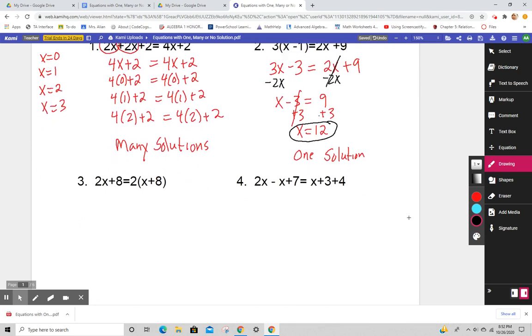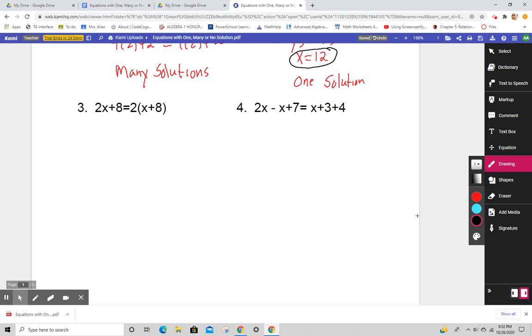Okay, let's keep going. So we have 2x plus 8 on this side. And let's distribute here. 2 times x, that's 2x. And 2 times 8, that's plus 16. Subtract 2x from both sides, so we can get all of our x's on the same side.